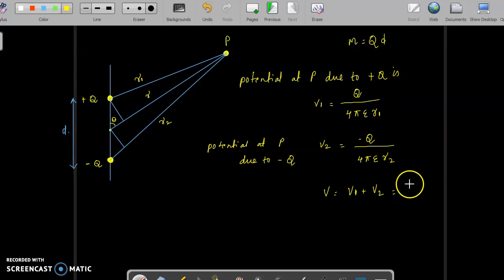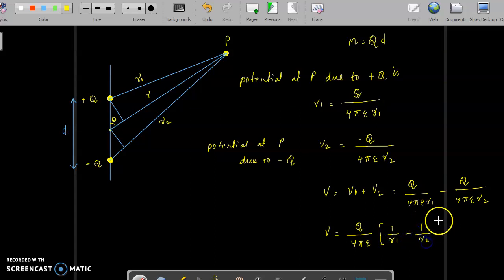So this becomes Q by 4 pi epsilon r1 minus Q by 4 pi epsilon r2. Now we can take out Q by 4 pi epsilon. So V becomes Q by 4 pi epsilon within the bracket, 1 by r1 minus 1 by r2.